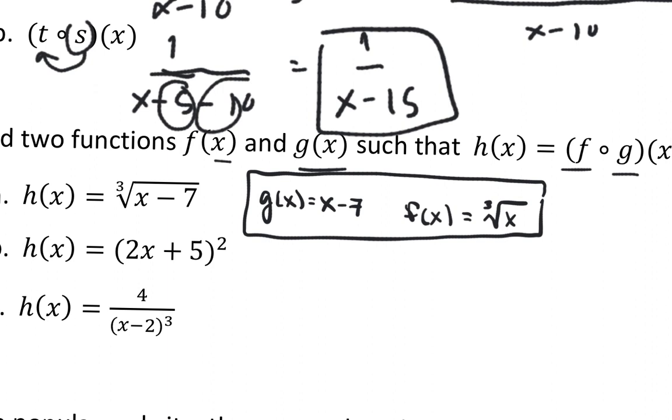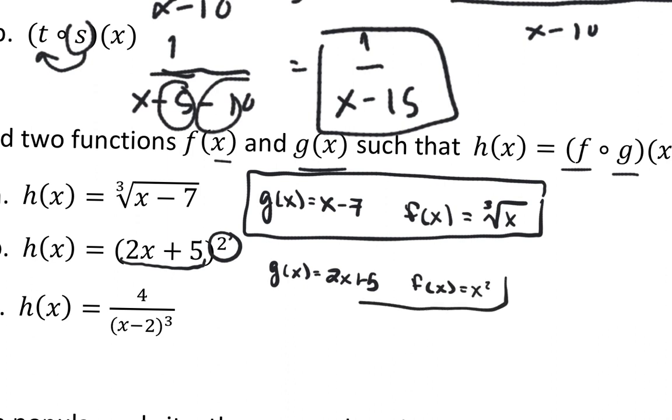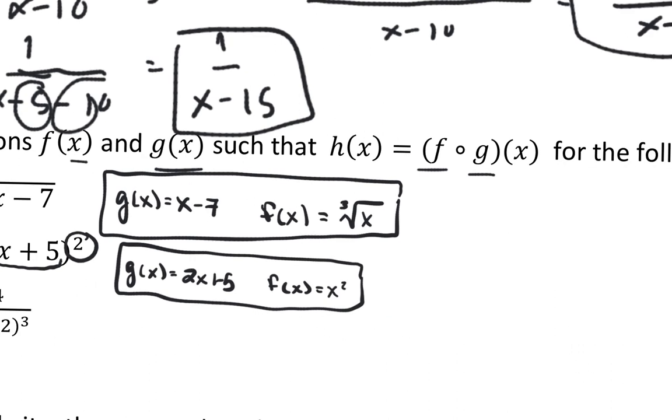Moving on to part B, here we have on the inside 2x plus 5, and on the outside we have just everything being squared. So again, I'm going to say, okay, let my g of x be 2x plus 5. Then my f of x would be x squared. So let us try that now.